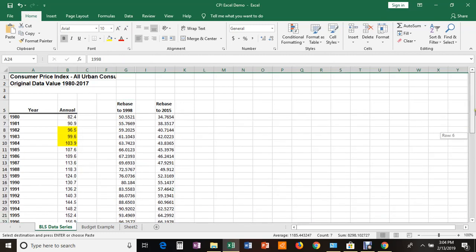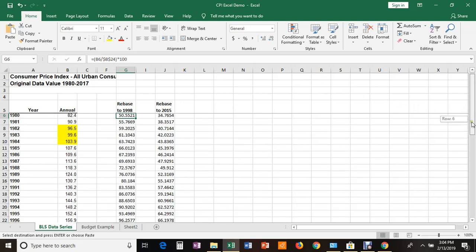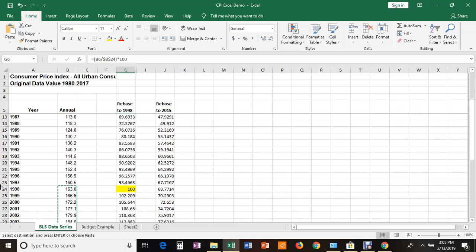So what I do is I take the current CPI for this year here, 1980, and we divide that by my new base year, which is 1998, down here in B24. So I simply say B6 divided by B24 in parentheses times 100 to get a new CPI base.